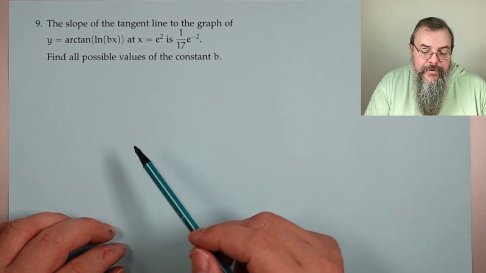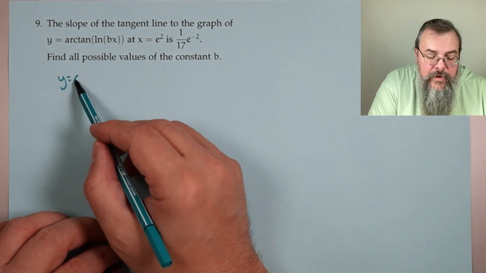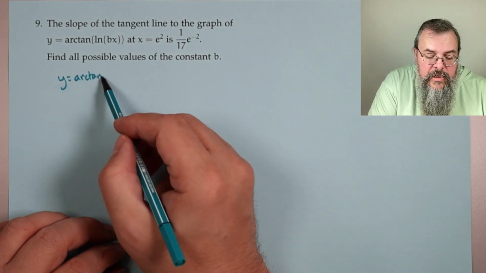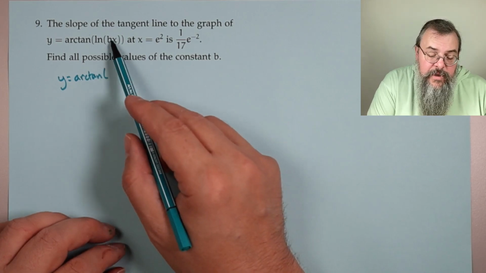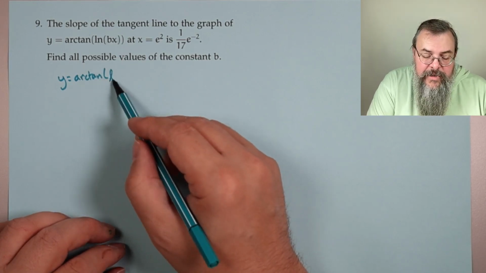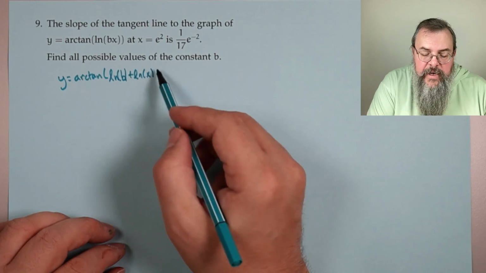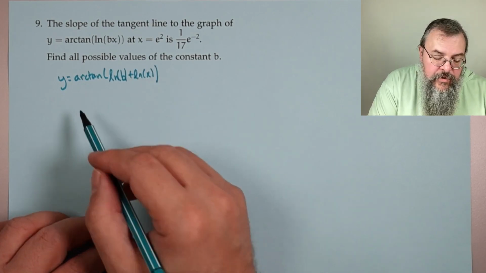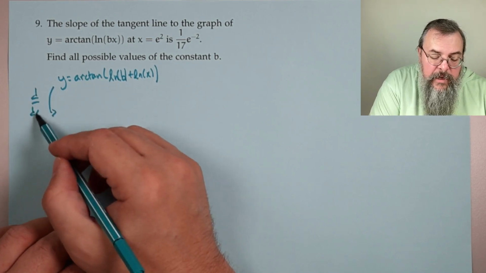So let's start by taking some derivatives. We have y equals arctangent log of bx. Now notice this is log of b times x, so I can write this as log b plus log x. I can separate it in that way. So now take a derivative, and let's see what happens.